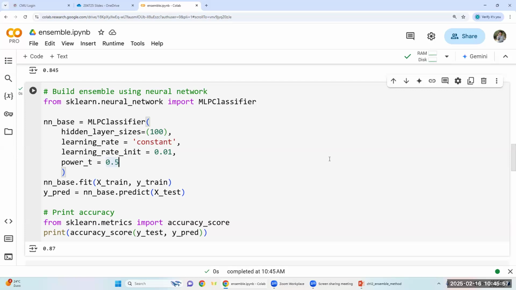So for the assignment, I think there will be an assignment due today. If you want to use the MLP classifier, you can play around with these parameters as well. And next week, there will be our last assignment.